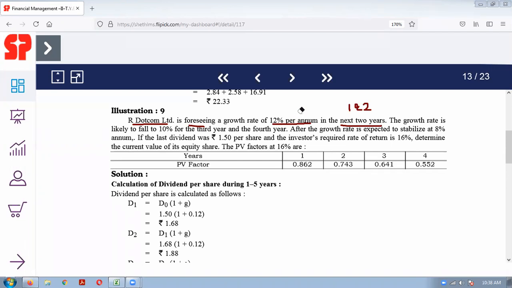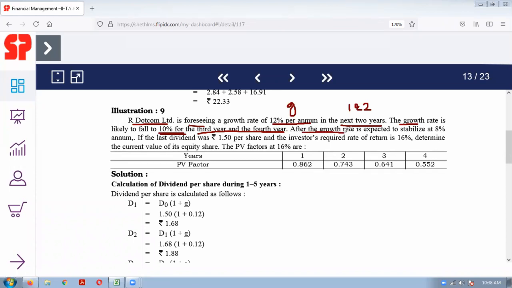So it is a multiple growth model. The growth rate is likely to fall to 10% in the third and fourth year. See here, the growth rate is changing. In the first 2 years the company will grow at 12% per annum, and in the third and fourth year the growth rate will be 10% per annum.